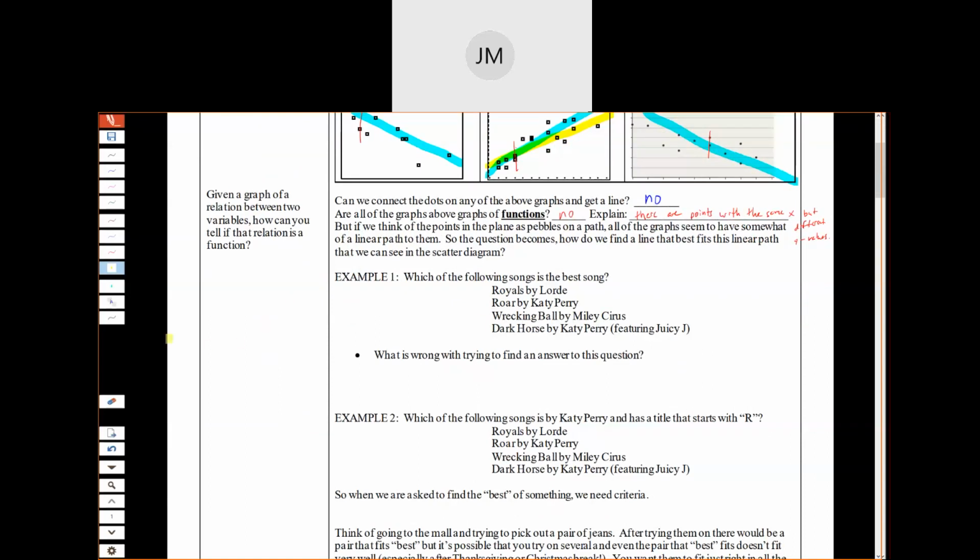When we ask for what is the best song, we may not all be using the exact same criteria for what is best. Okay, so we don't all mean the same thing, or another way to think about it is we might be using different criteria to judge these songs.